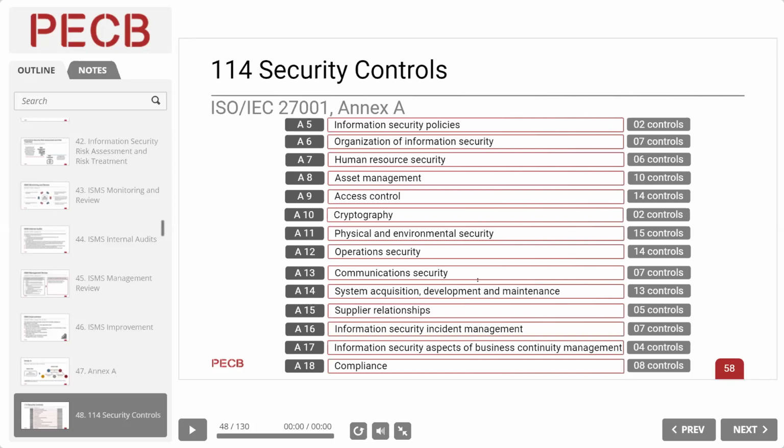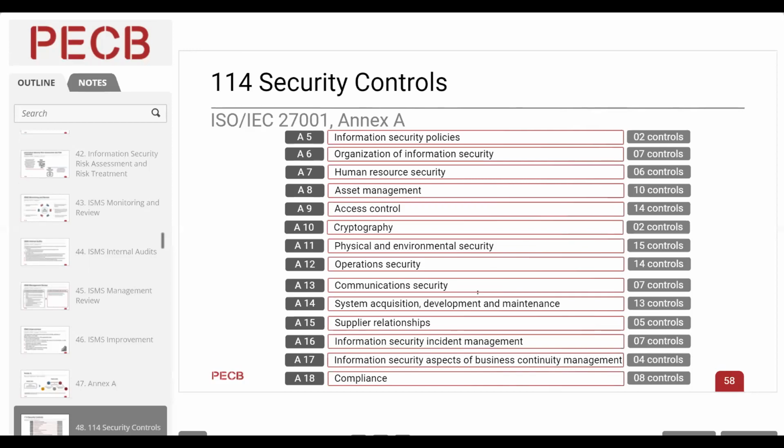So these represent the various domains under ISO 27001. And as you can see, this is comprehensive. It covers a lot of areas that a lot of other standards do not touch.